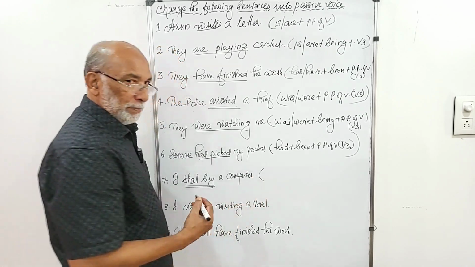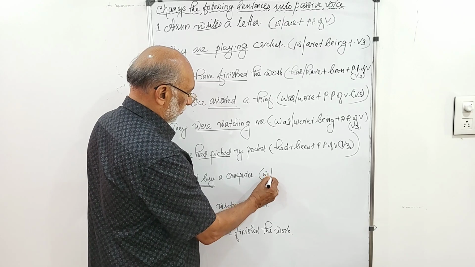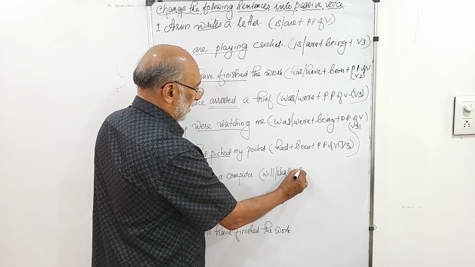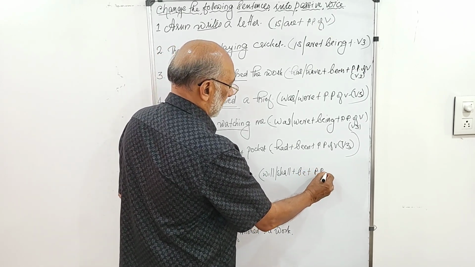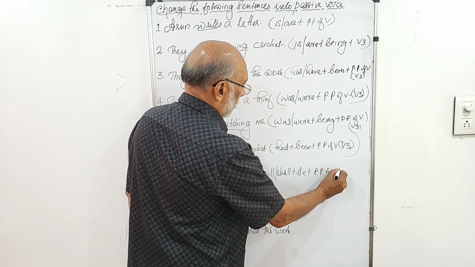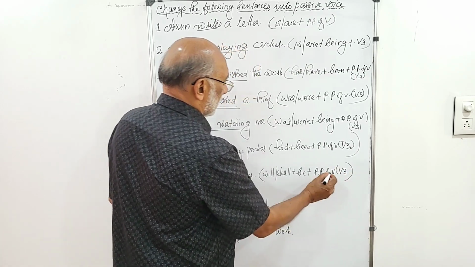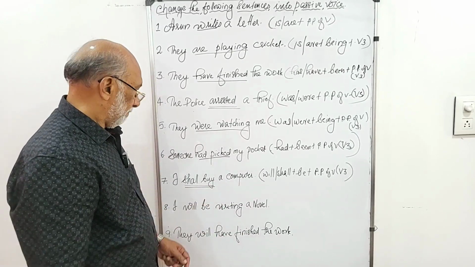The structure in the passive will be will or shall plus be plus past participle of verb or V3. That you have to note and do the passive.